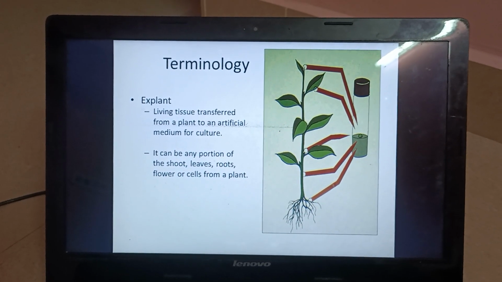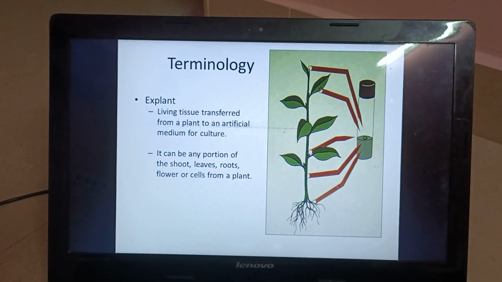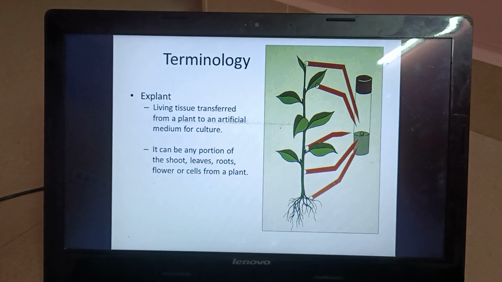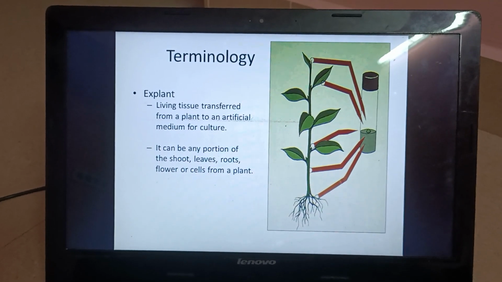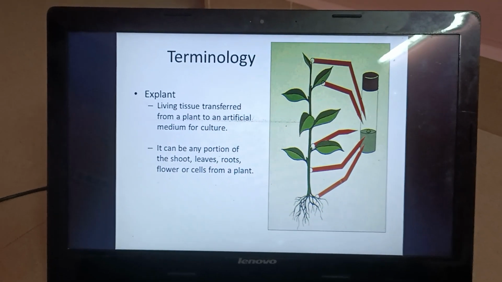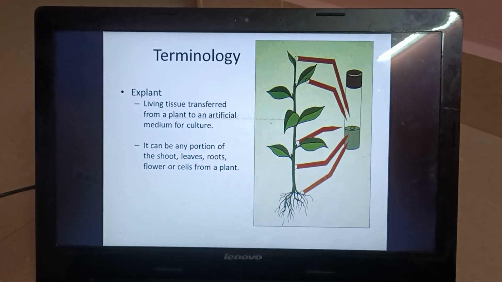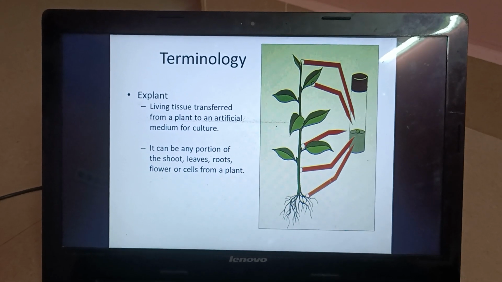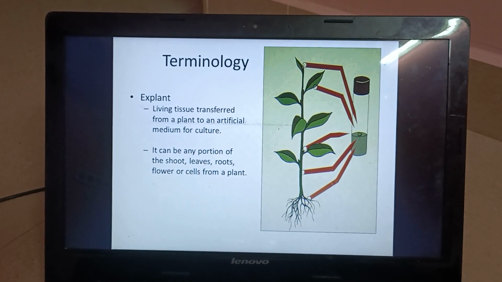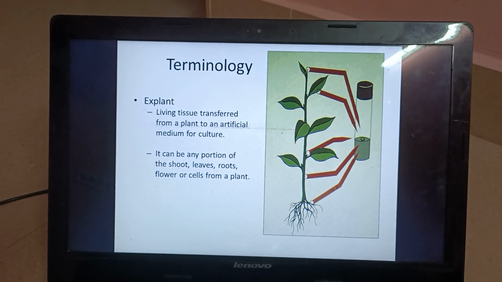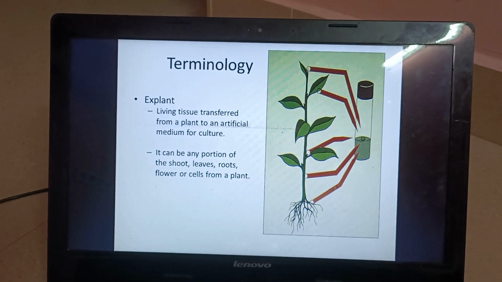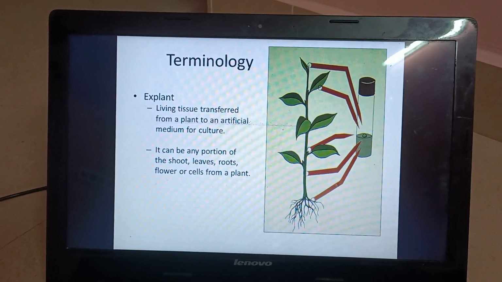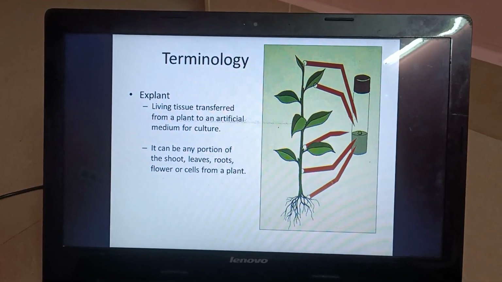It can be any portion of shoots, leaves, roots, flowers, or cells from a plant. Just consider this diagram, which shows a whole plant and a tube nearby, with arrow marks denoting stem, apical tissue, leaves, roots. What is the connection between the explant and this picture?